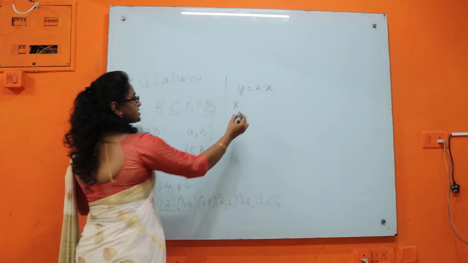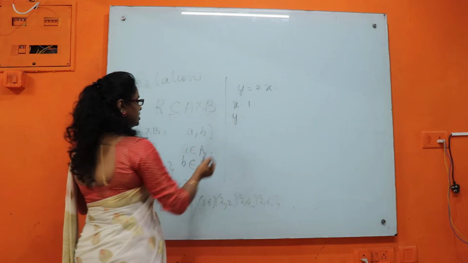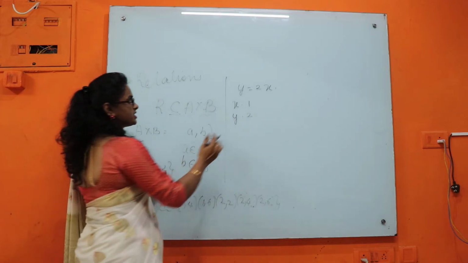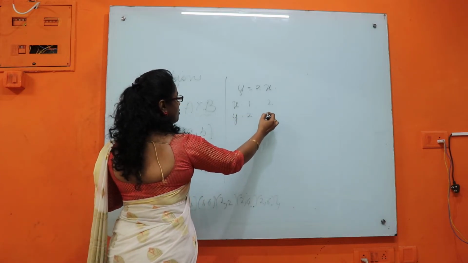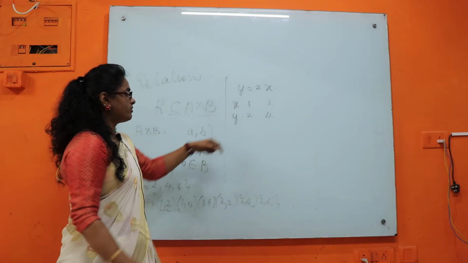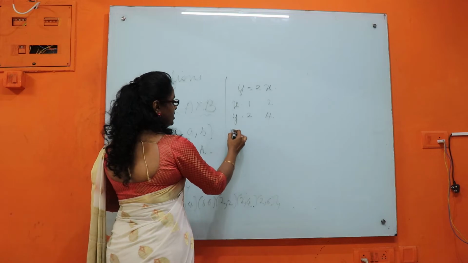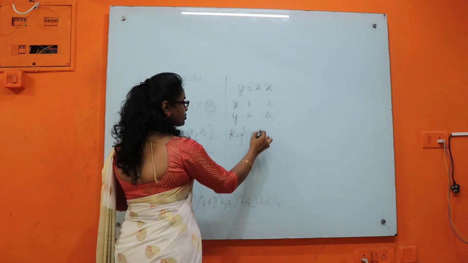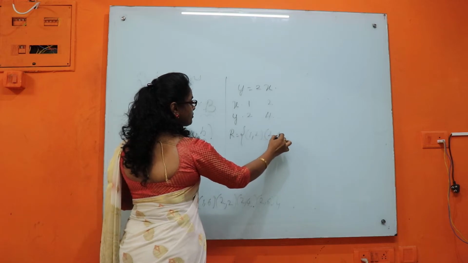For the value of x equal to 1, the value of y will be 2. For the value of x equal to 2, the value of y will be 4. Now, can I write this as a relation? Can I establish a relation now? It is (1, 2) and (2, 4).